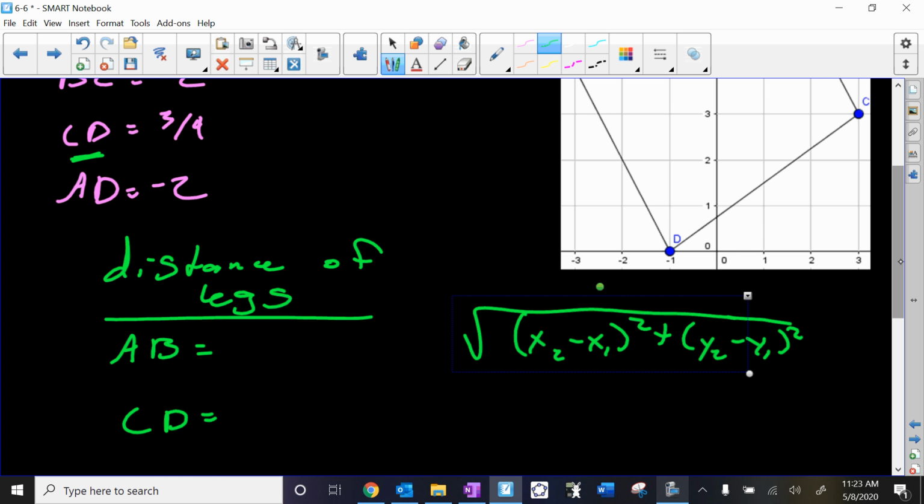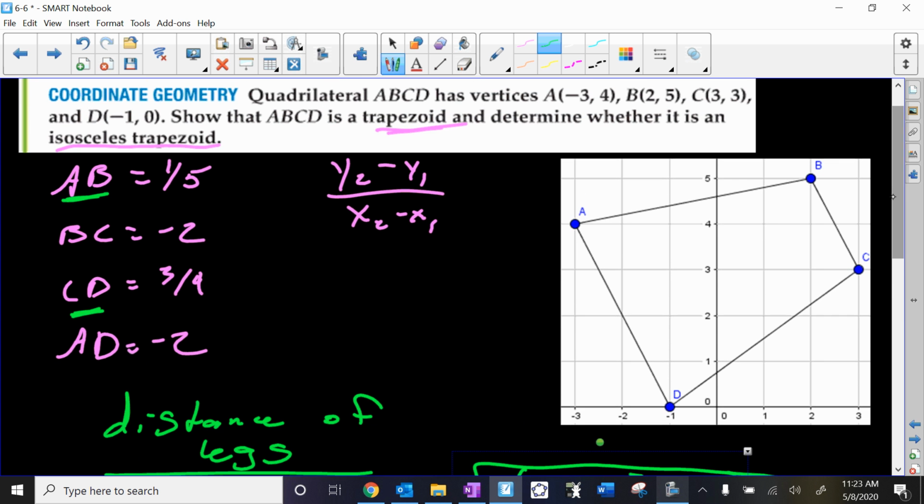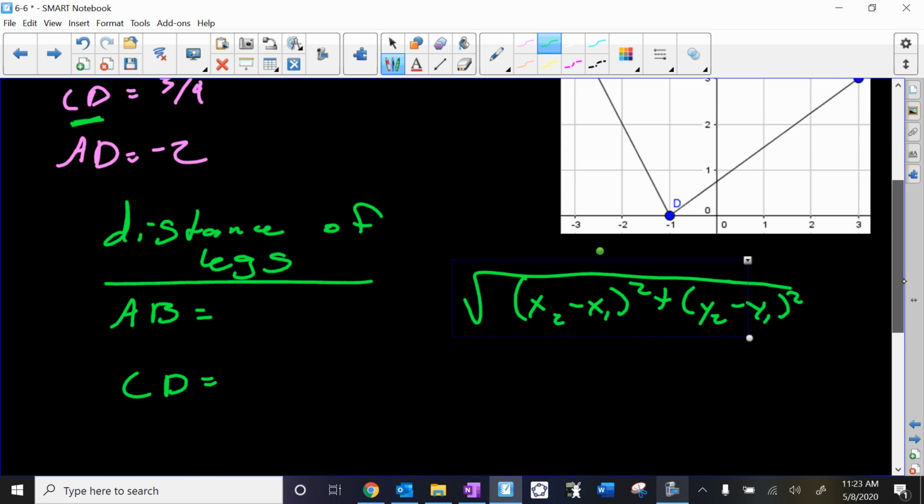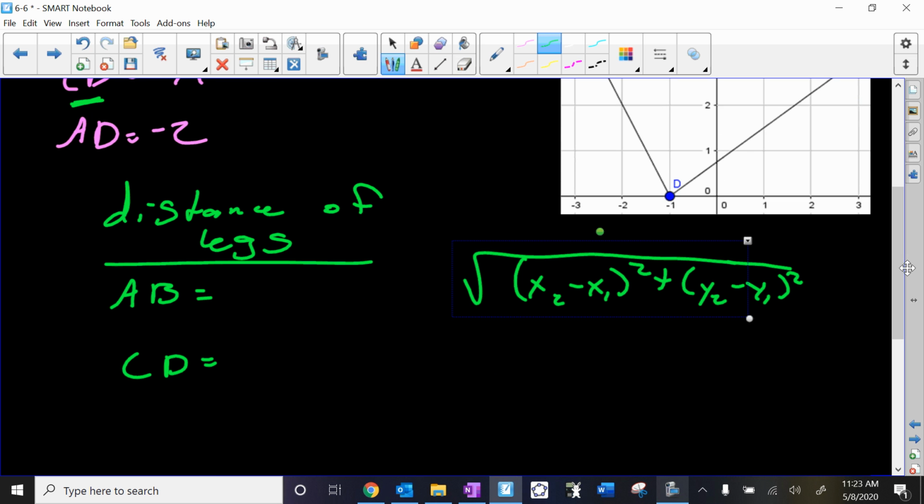Again, you can plug in and try and determine what these distances are yourself. Again, we were using AB and then CD for our distances. The distance of AB came out to the square root of 26, and the distance for CD came out to square root of 25, which is the same thing as 5.